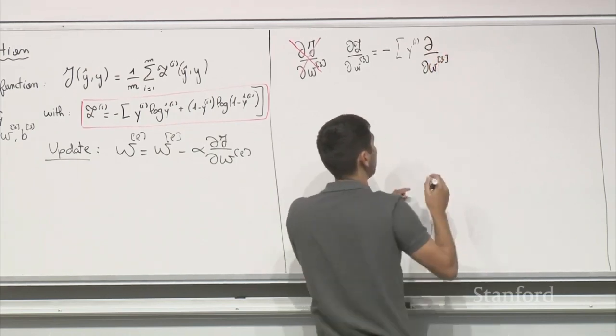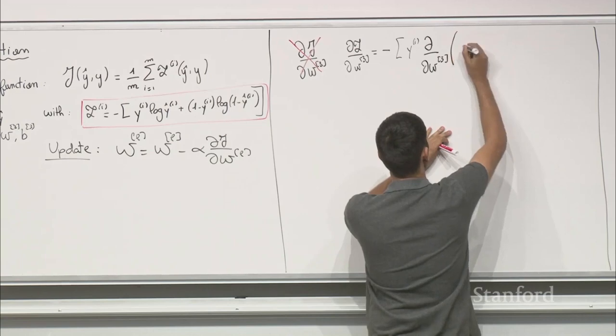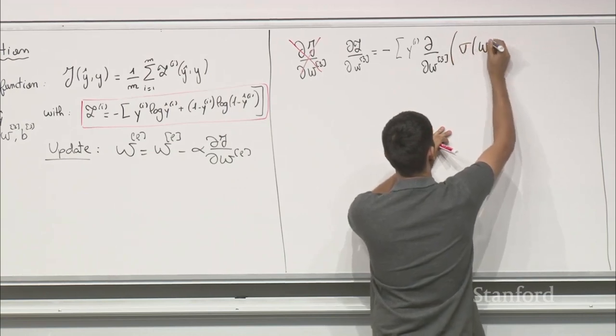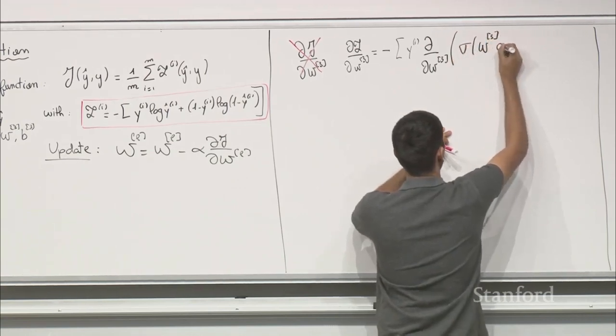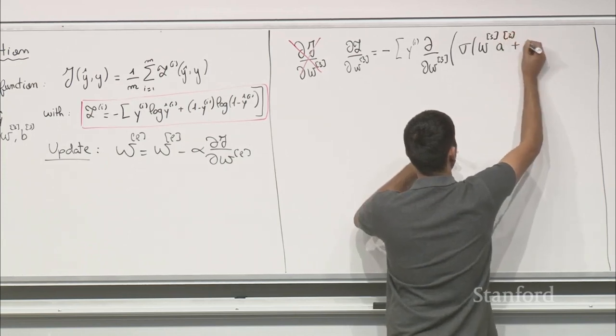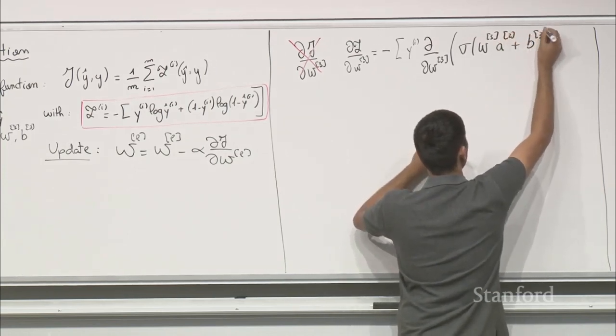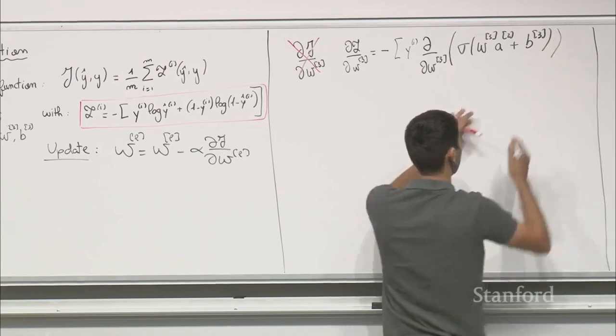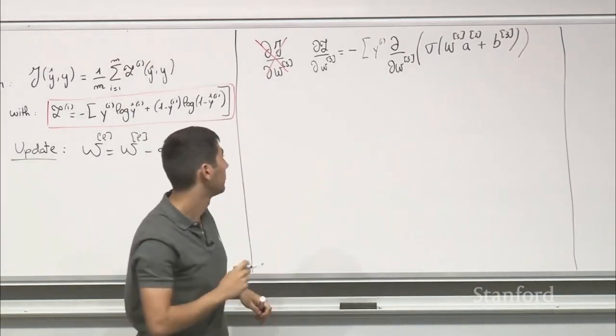Is it good like that? Is it too small? W3 A2 plus B3. Is it good like that? Yeah, okay.